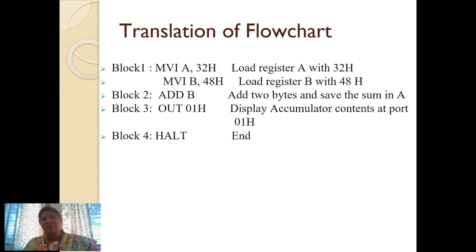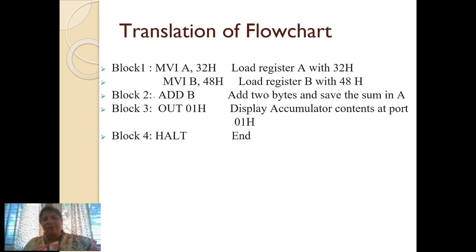Here I am translating the flowchart. The first block was loading the numbers into the registers. As we have two numbers, we use two instructions for block 1: MVI A, move immediate to the accumulator the data 32H, then MVI B with the data 48H.